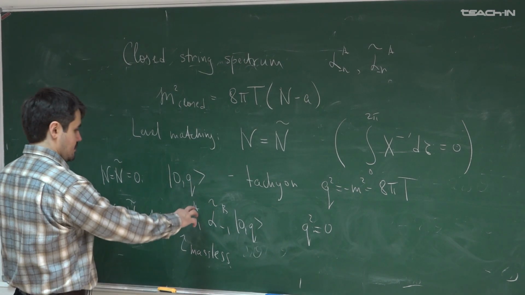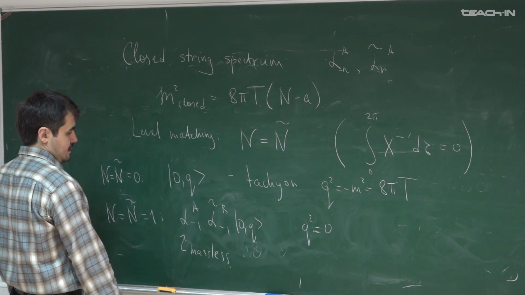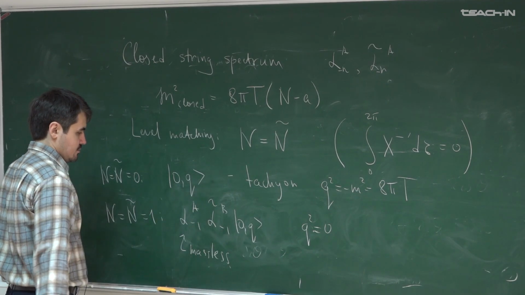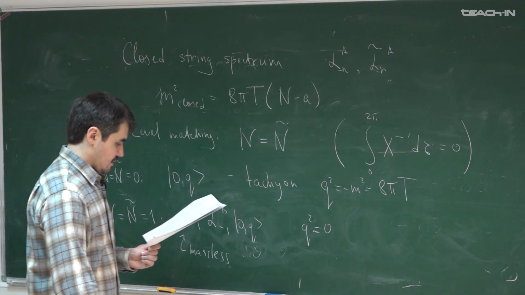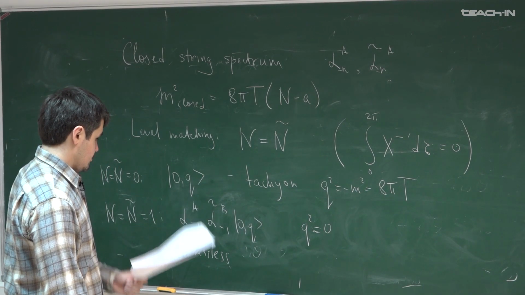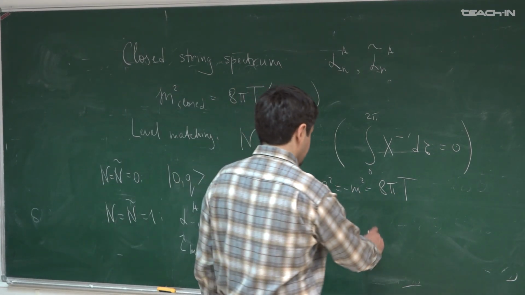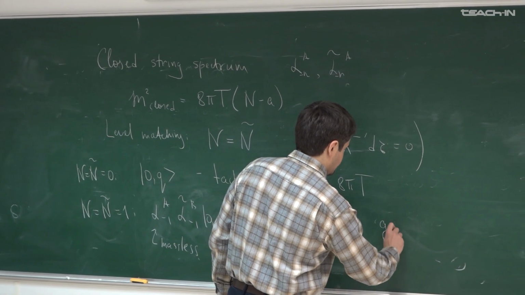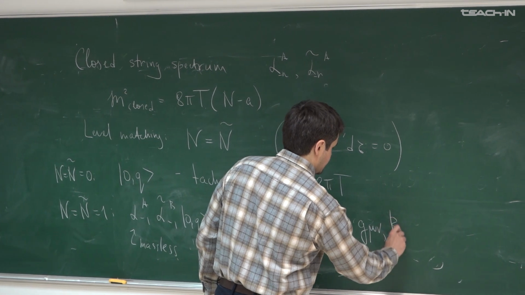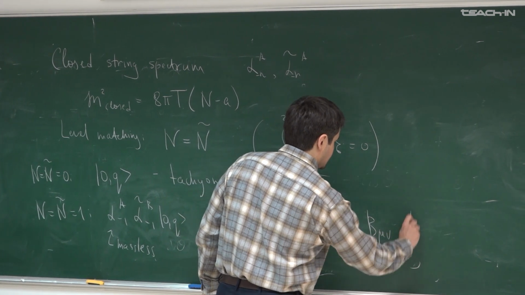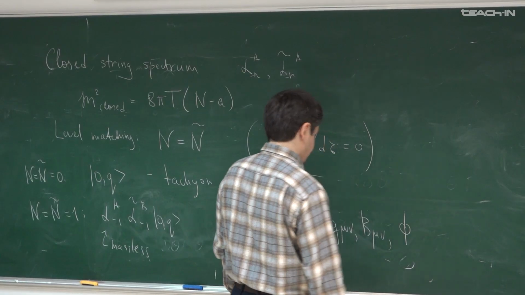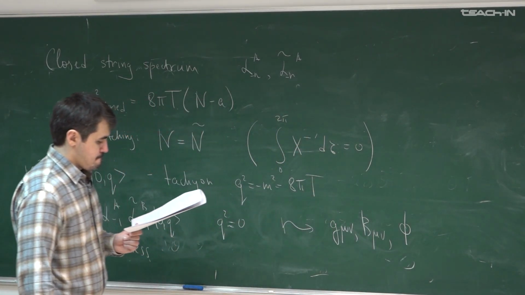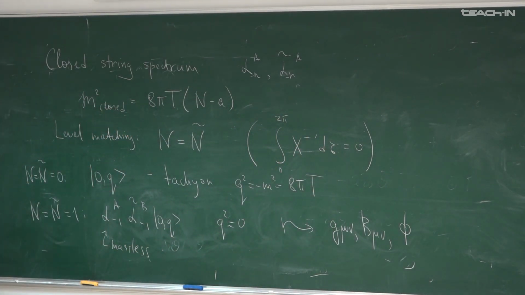So they can be symmetrized, anti-symmetrized. One can also take a trace. This corresponds in field theory to the graviton, the anti-symmetric field, and then the dilaton, which is a scalar particle. These are massless states of the closed bosonic string.